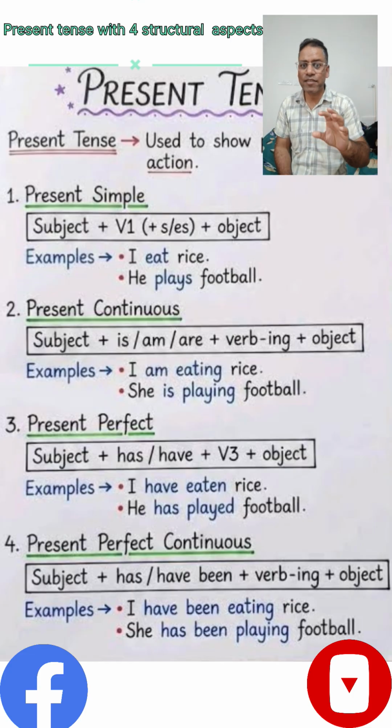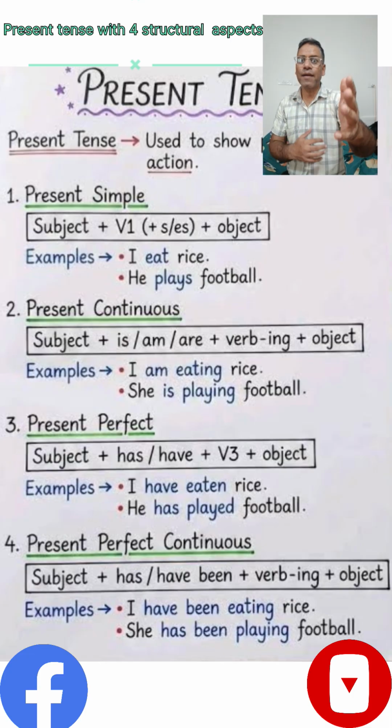But one more aspect that has not been referred to here on this slide is the terminology of since and for. We have two terms that are usually used with the present perfect continuous. Since is used for a point of time across the timeline. Say for example, I have been doing some work from morning till now.